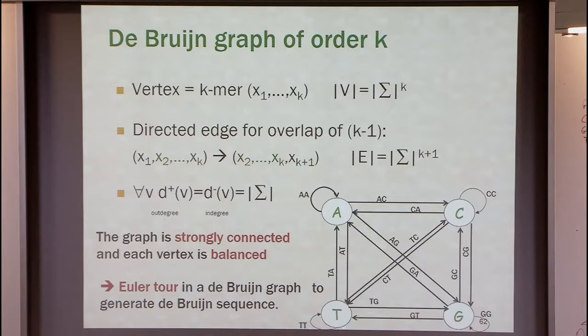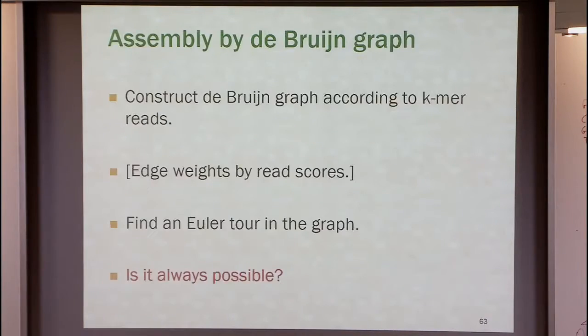Each nucleotide is represented as a node, and all possible dinucleotides are edges in the graph. Other ways to generate de Bruijn sequences, just as a comment, are linear feedback shift registers, if anyone heard about them, and there are recursive ways to generate those, but this is a very useful way.